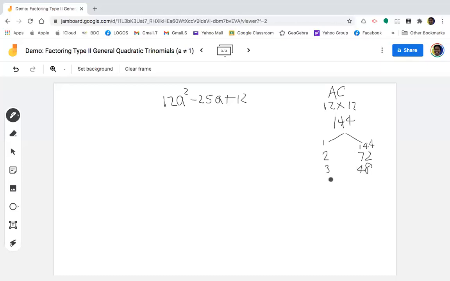We haven't found it yet. Now, is it divisible by 4? 144 divided by 4 is 36. So that's the partner for 4 times 36, but this doesn't add up to 25. Keep this number in mind because that's our goal for the sum.